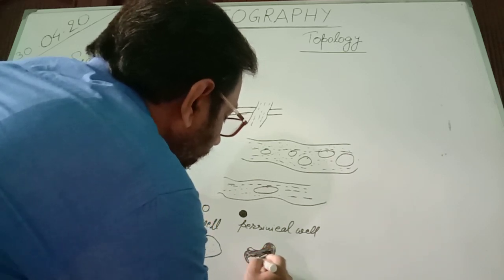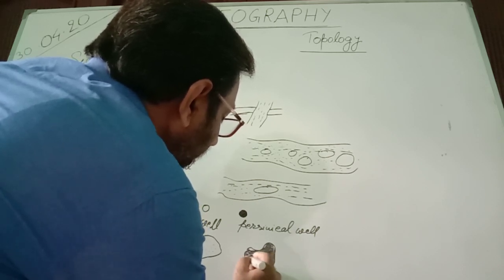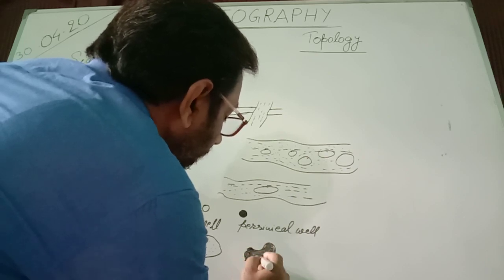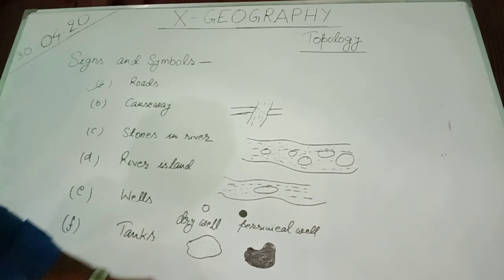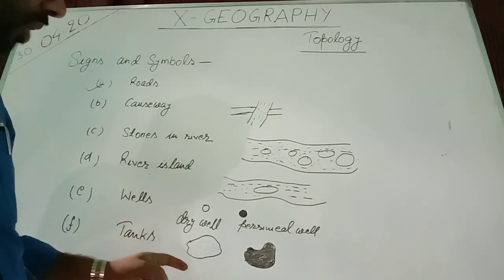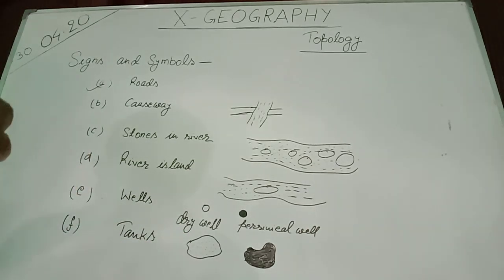Perennial tank means water will remain available throughout the year, but in the dry tank, that is the first one, water is found only in rainy season. So my dear students, there are two types of tanks printed on the topo sheet.